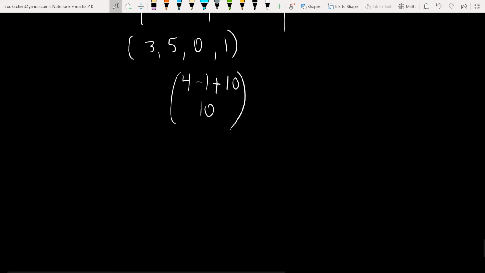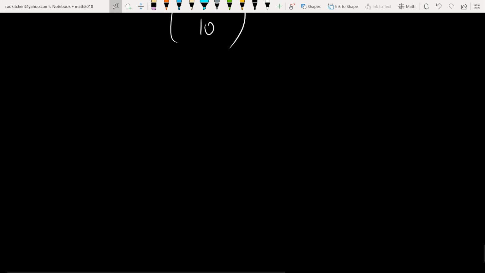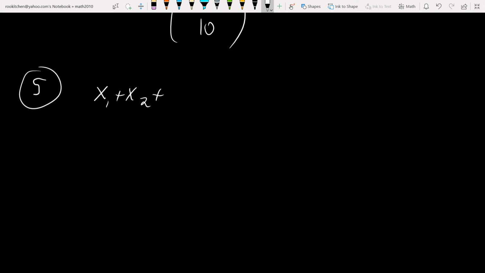Okay, so let's move on to WebAssign problems, and in particular let's look at one a little more complicated, like number 5. Find all possible solutions to x1 plus x2 plus x3 plus x4 equals 29, where x sub i needs to be a non-negative integer.